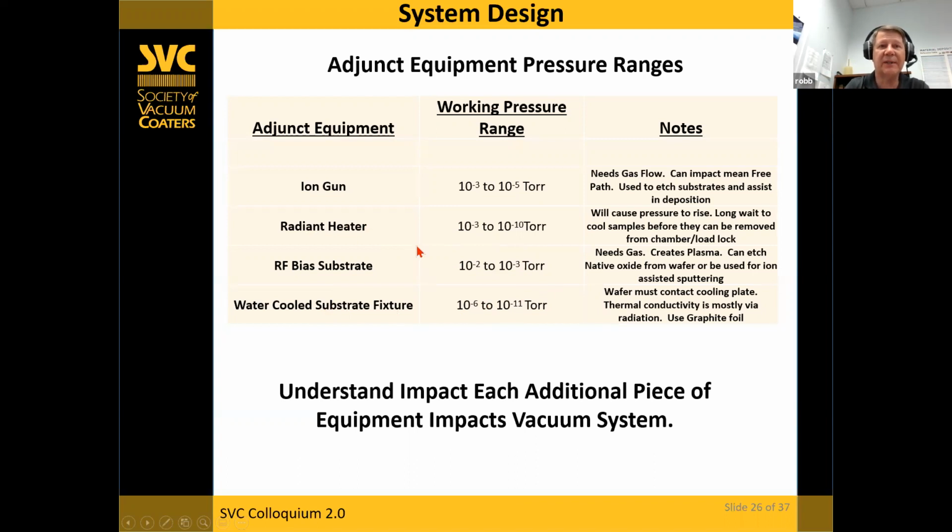Anytime you put a heater inside a vacuum system, that's going to add heat to your system, and it's going to cause the system to outgas at a higher rate, and you're going to wind up with higher pressures as the heater ranges go up and up in temperature. So you have to be cognizant of that. Understand the impact that each additional piece of equipment you're putting on this vacuum system has on the vacuum system as a whole, and it'll help.